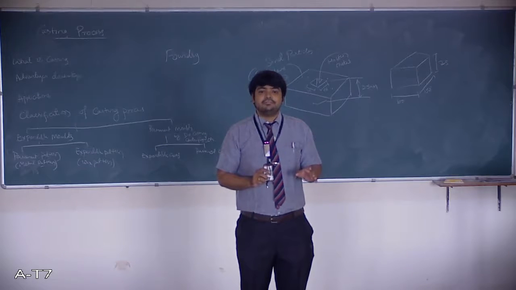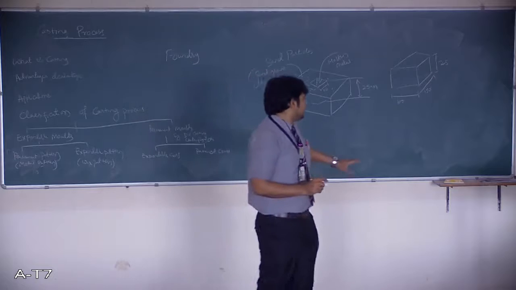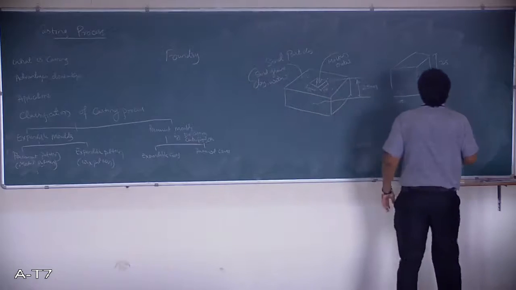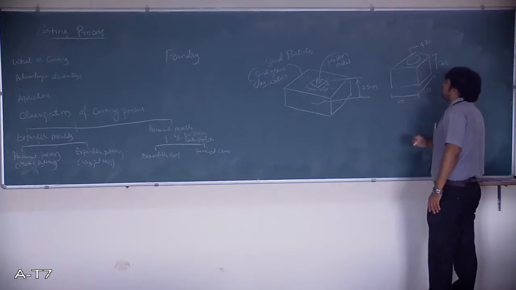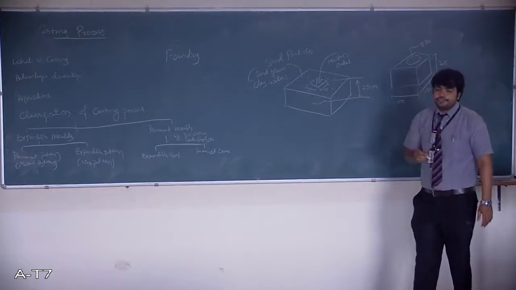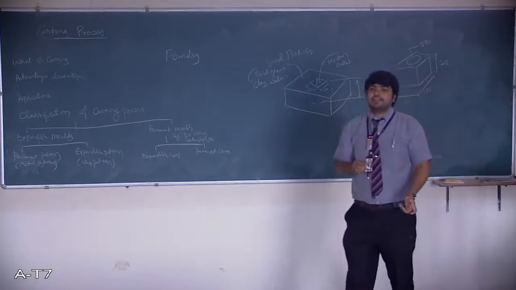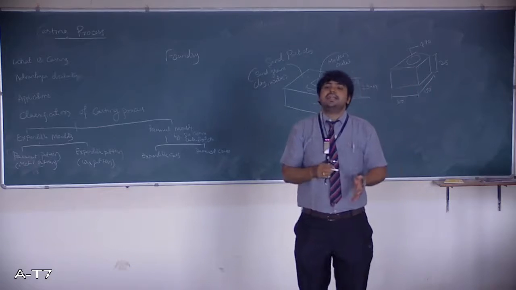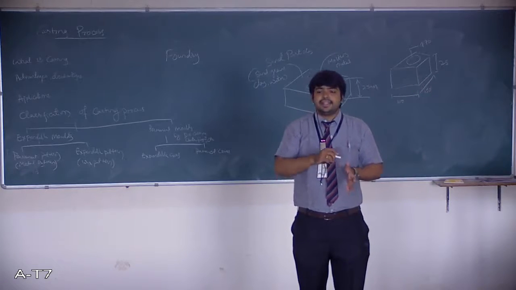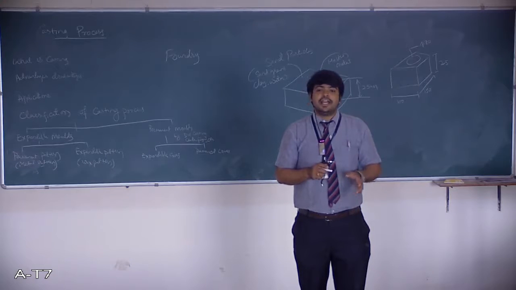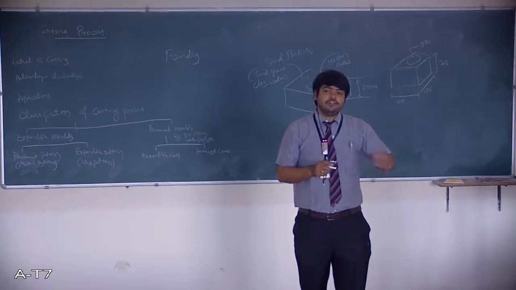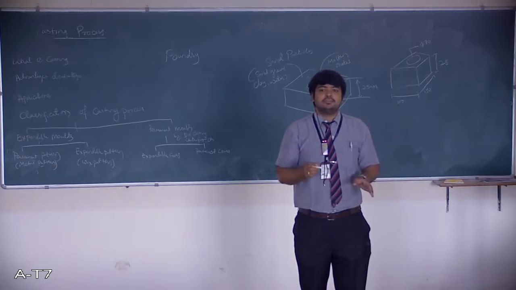Okay. For example, if on this particular block itself, I want to drill a hole of say 70 millimeter diameter, so in those conditions, instead of going for drilling a hole, we can make use of a simple sand core. A sand cake which is used to make the hollow cavities is termed a sand core. So that we can make use of it instead of drilling a hole once the component is manufactured.